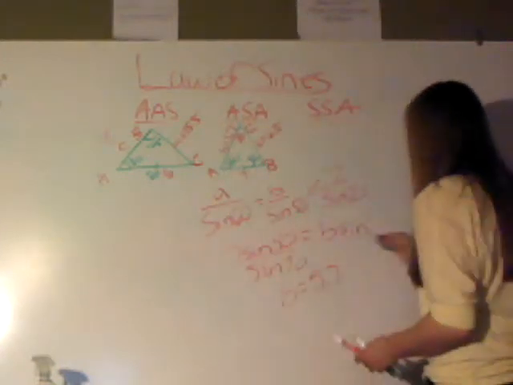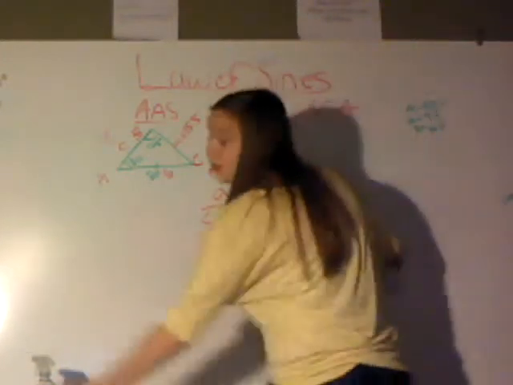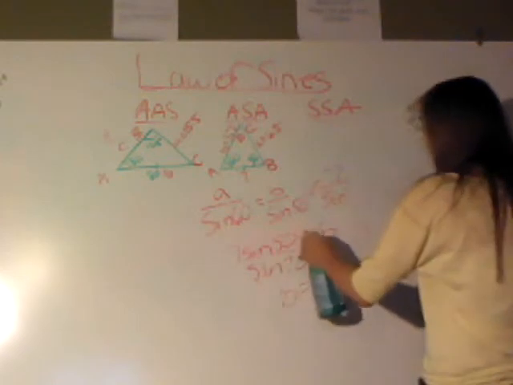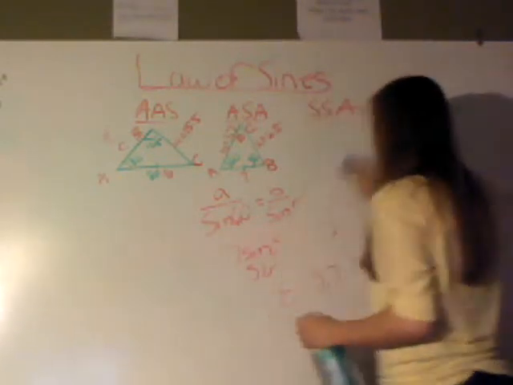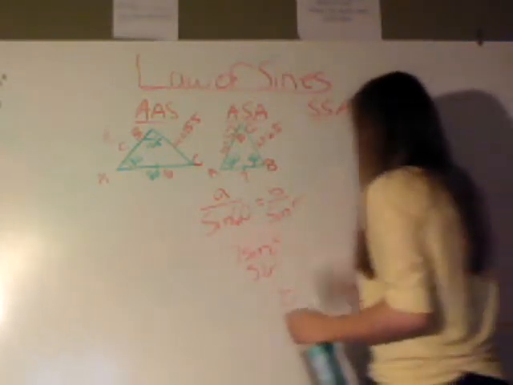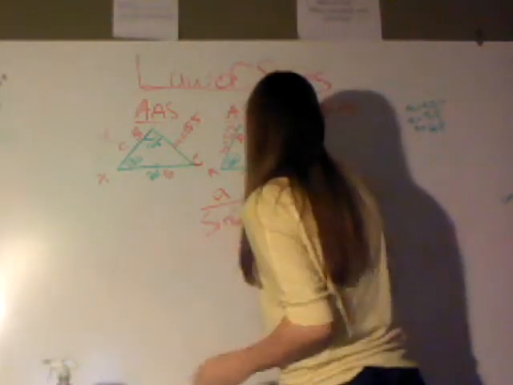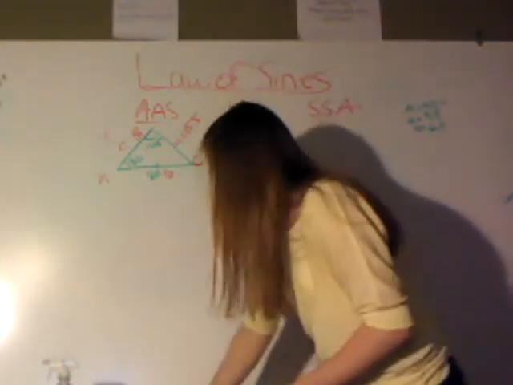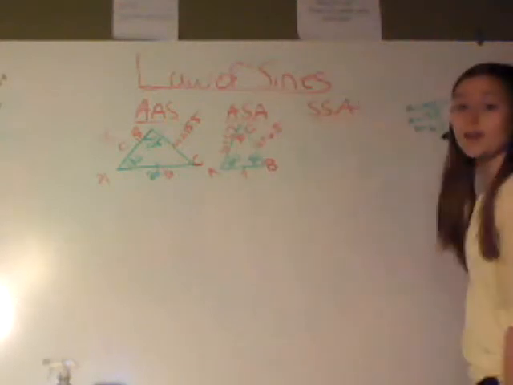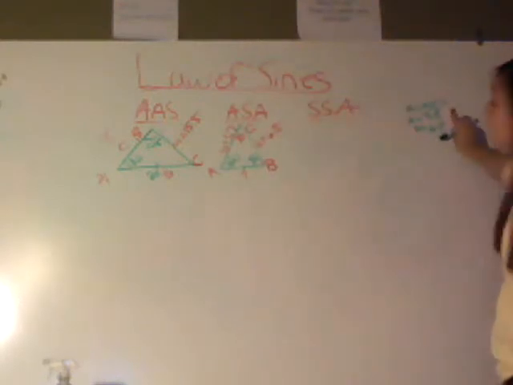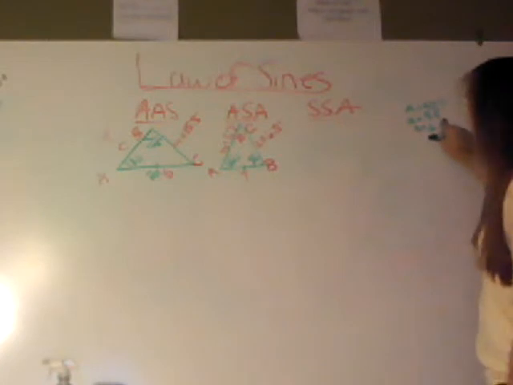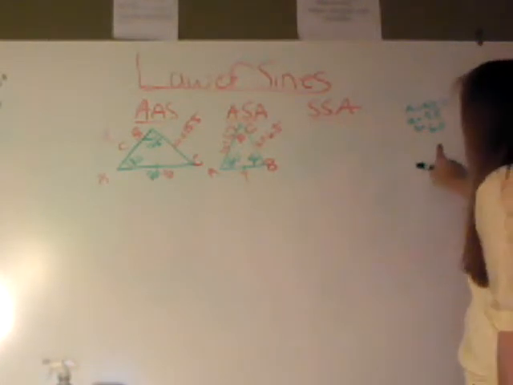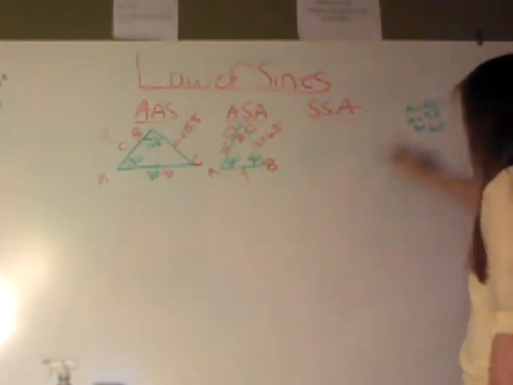Now for side, side, angle. For side, side, angle, you can have 0 triangles, 1 triangle, or 2 triangles. We are going to solve for 1 triangle. So the components we know are angle A is 42 degrees, side A is 9.9, and side B is 6.8.